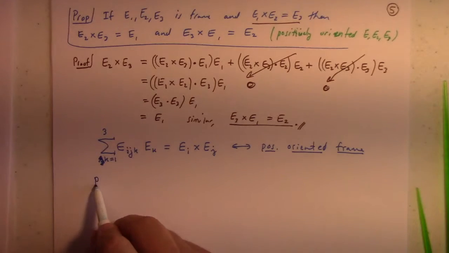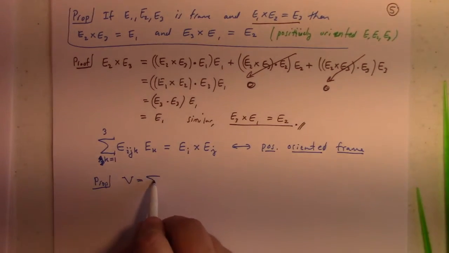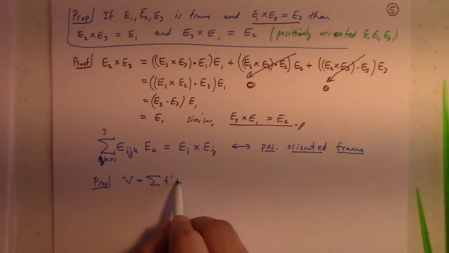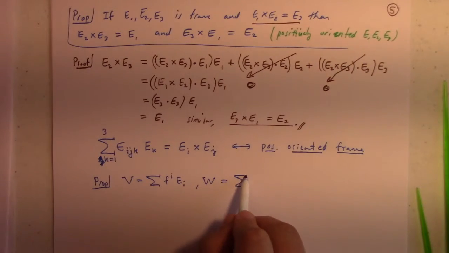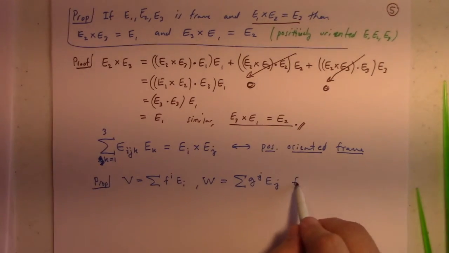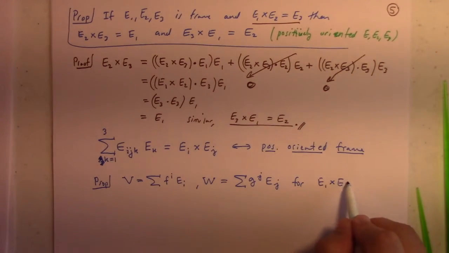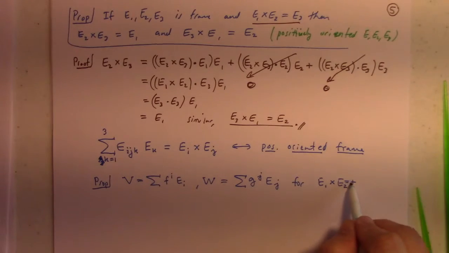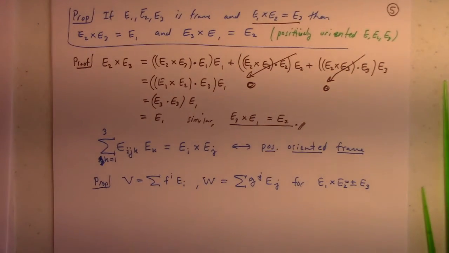Anyway, so there's a proposition which says that if we've got V with components F_i, and if we've got W with components G_j, for a frame with E1 cross E2 equal to plus or minus E3, and I'll be greedy, I'm going to cover the left-handed case too, this is an ambidextrous argument, all right?